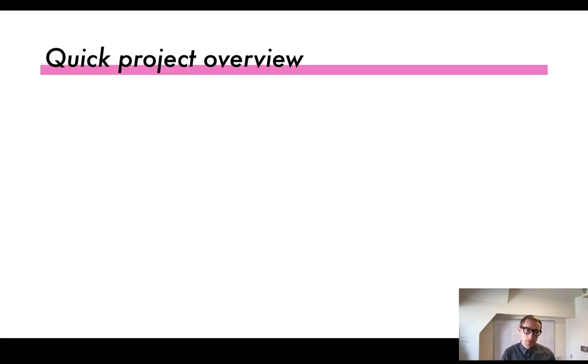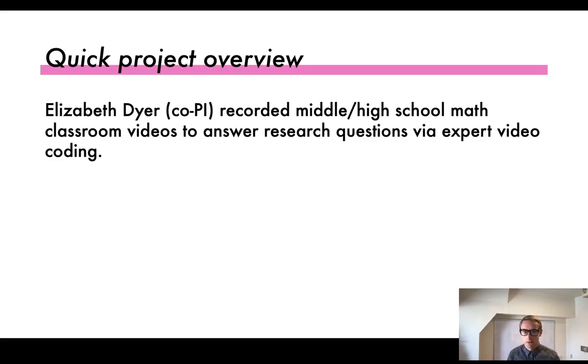So this project team, by the way, is made up of a very methodologically diverse group of researchers, including qualitative video analysts, audio analysts, and so on. So we have a lot of different perspectives on what we could actually get out of these kinds of data.